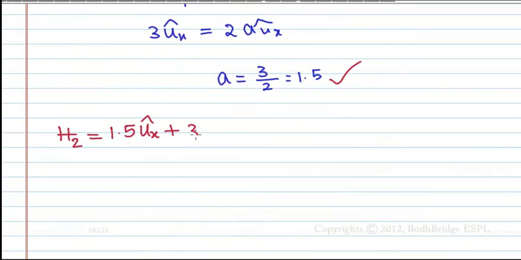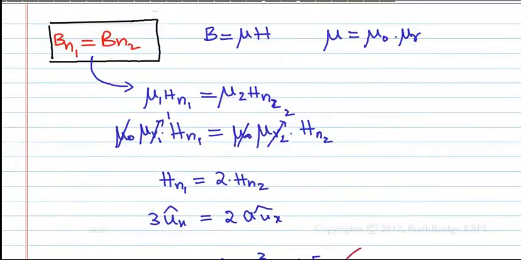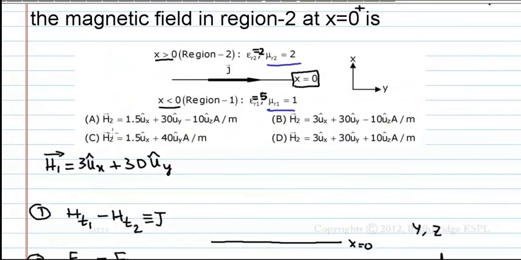So 30 uy minus 10 uz, in ampere per meter. Right. Therefore, 1.5 ux plus 30 uy minus 10 uz. H2 is 1.5 ux plus 30 uy minus 10 uz. Therefore, A is the correct option.